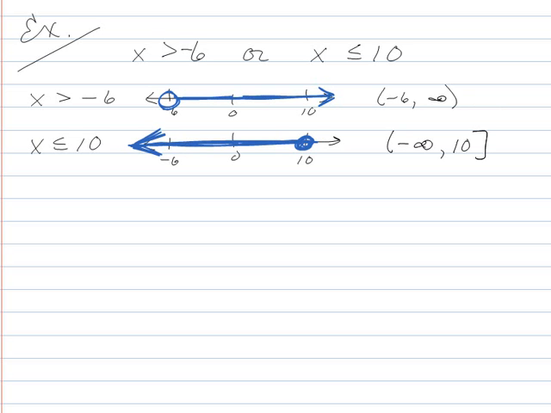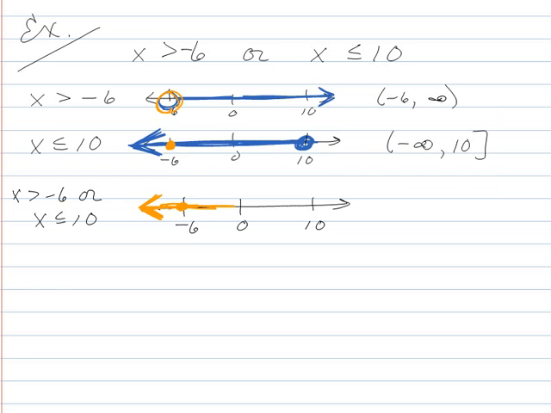If you look at what happens here as I go from left to right, there is no place that's not filled in by somebody. So if I say that x is greater than negative 6 or x is less than or equal to 10, as I go left to right, the second guy has this arrow filled in. Now as I get to negative 6, he doesn't include negative 6, but the other one does, so I still have to include negative 6.